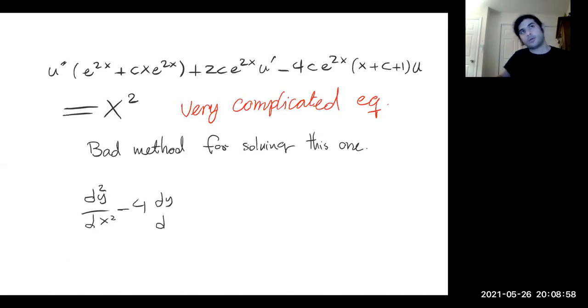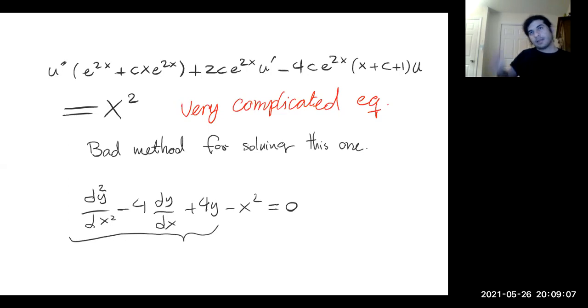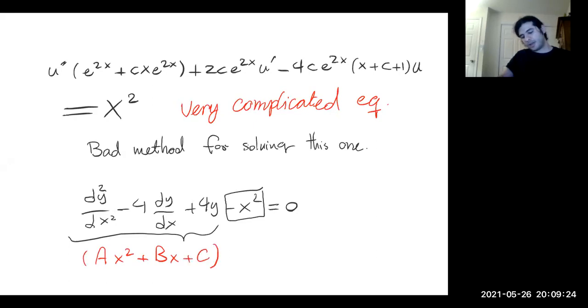What was the other method? Well, the other method was finding a general solution, which we did, and then finding a particular solution, and then adding them. And here we have a second degree polynomial. So remember, the particular solution should also be a second degree polynomial, something of this form. And we should just plug it into the equation.